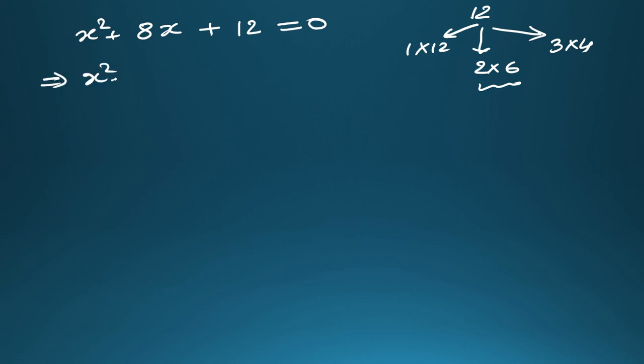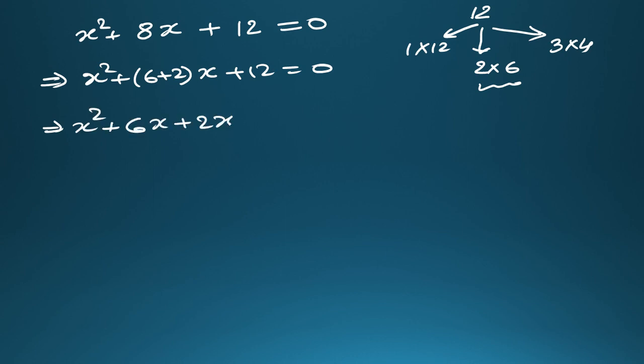So x square plus, in place of 8 we will write (6 plus 2) times x plus 12 is equal to 0. Again using the distributive property, 6x plus 2x plus 12 is equal to 0. Now x can be taken common, it will be x plus 6.